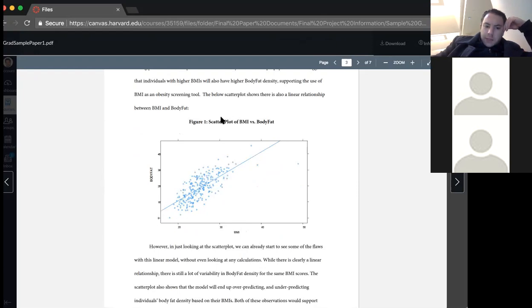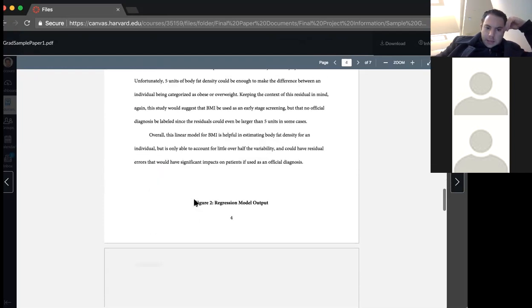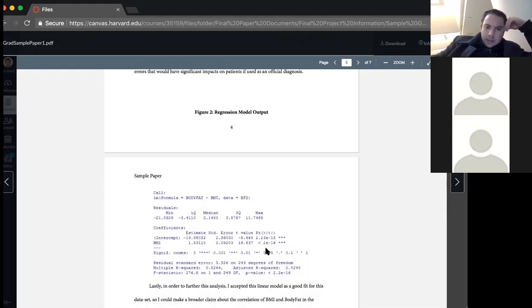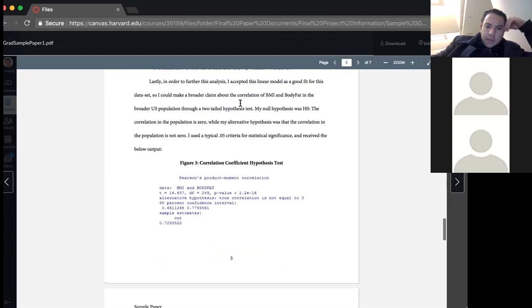As we can see here, there's a positive linear relationship, because as the BMI is increasing, the body fat is also increasing. So we can see there's definitely a trend here. And then the student presented the results of that regression model output and ran a correlation coefficient hypothesis test.